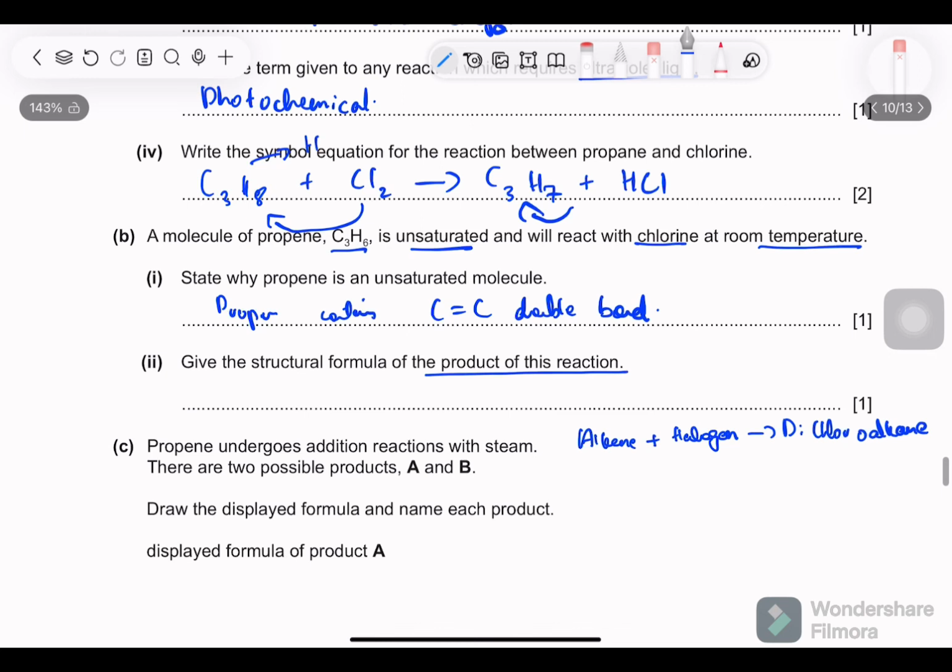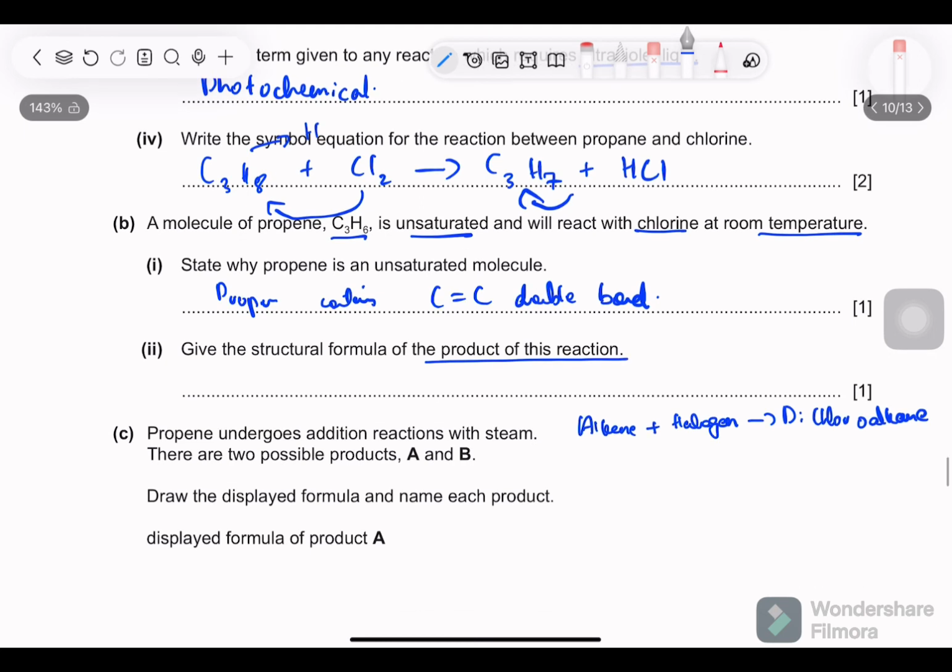So for the structural formula, we should know the structure, of course. CH3, CH2, and CH3. This is the structure of the alkene with the double bond on one of the carbons, and two chlorines attach themselves to each of the carbons containing the double bond. When this double bond breaks, one chlorine comes here, one chlorine comes here.